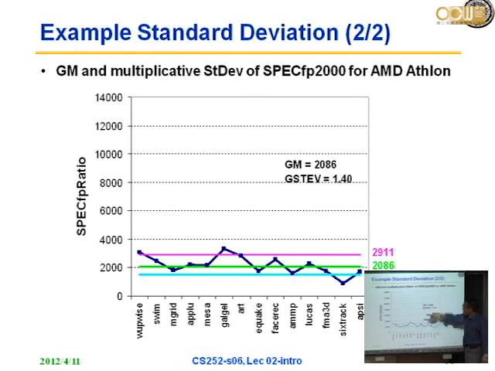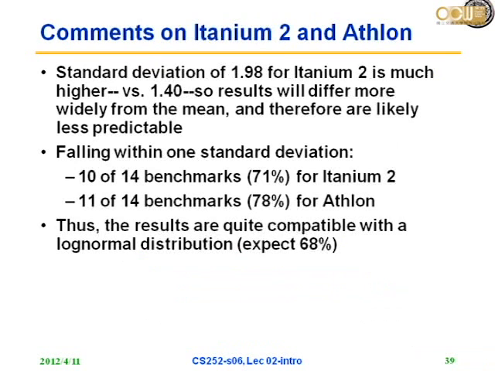So do you think this is a better design, or this is a better design? In terms of design, this is a better design. In terms of performance, it's sometimes hard to tell. But this machine is more predictable. So these are the comments. Falling within one standard deviation: 10 out of 14 benchmarks do for the Itanium, or 11 of 14 benchmarks for the Athlon.